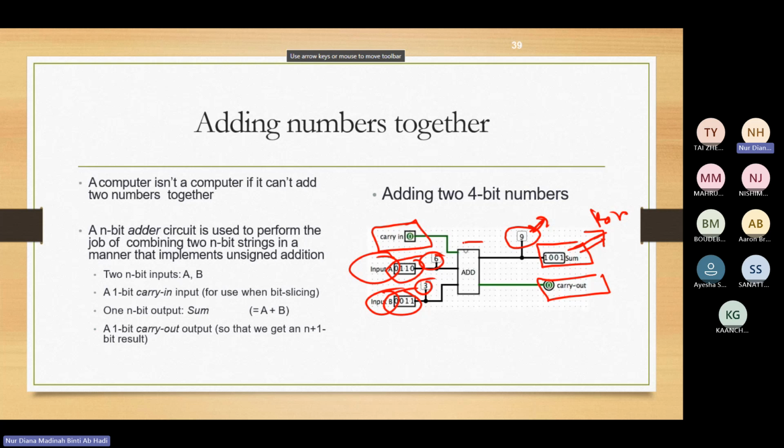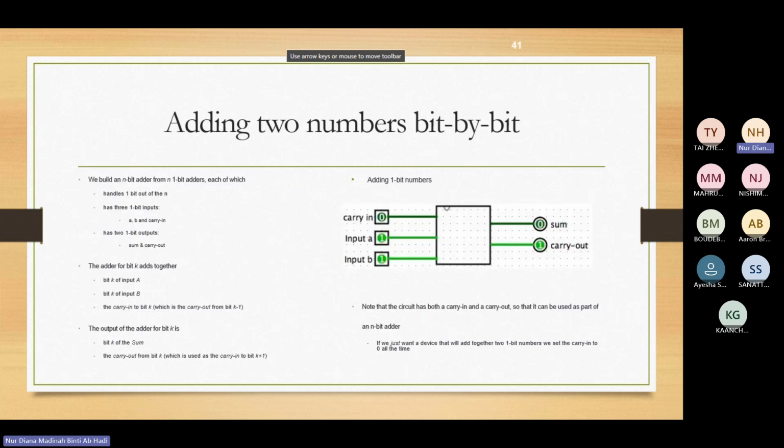No need. So this one is the operation symbol, which in your Logisim you can find. So we built an n-bit adder from n 1-bit adders, where 1 bit handles one out of the n. There are 3 1-bit inputs, A, B, and carry in, and we have 2 1-bit outputs, which stand for your sum and carry out.